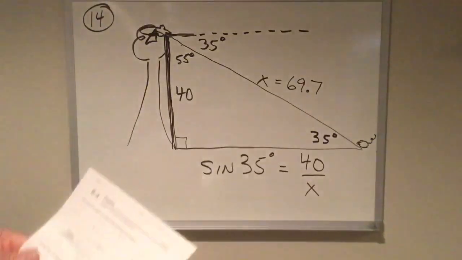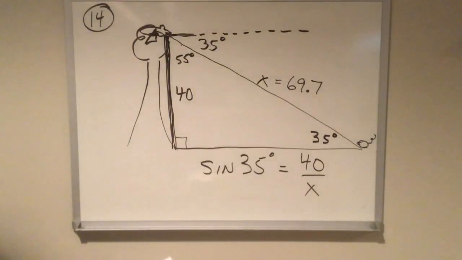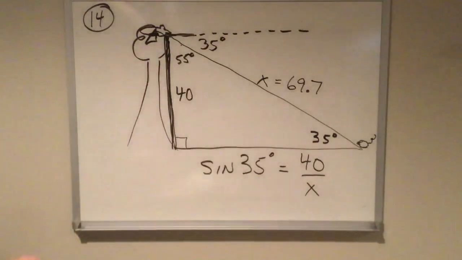I think the assignment said to the nearest foot. Okay, so nearest tenth of a foot, 69.7 feet.